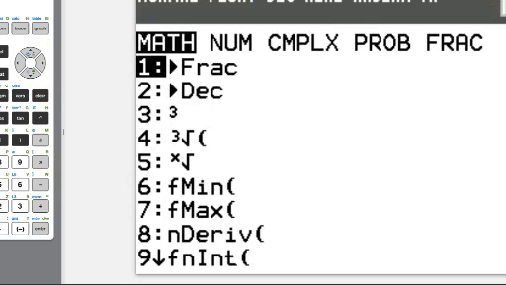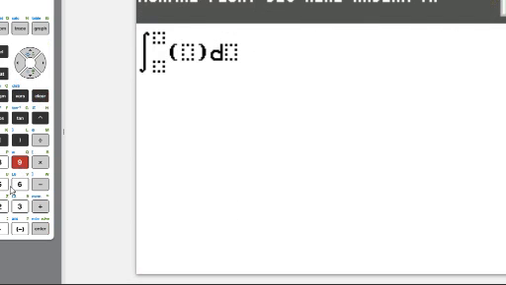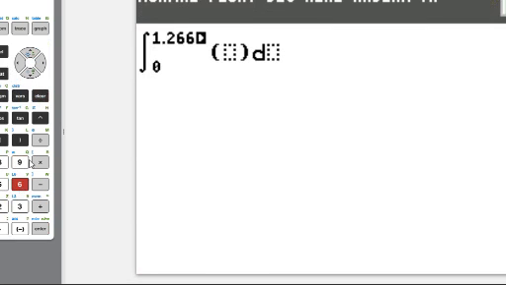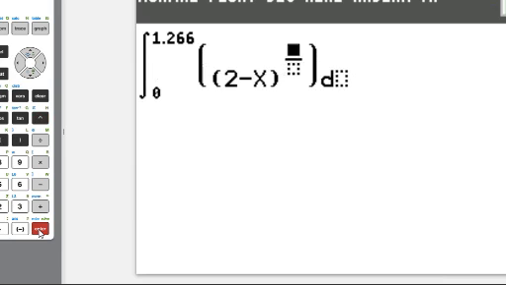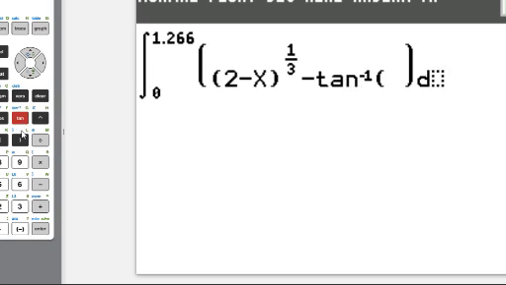We're going to do Math 9 from 0 to 1.266 of, in parentheses, 2 minus, now notice I'm using an x because that's my only option on the graphing calculator, to the 1/3 power, and I need to subtract the arctangent of x.